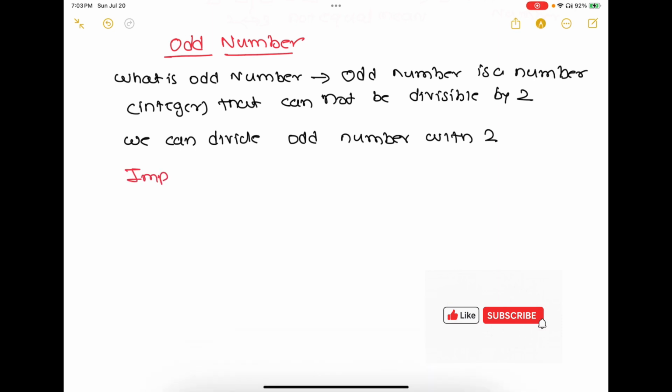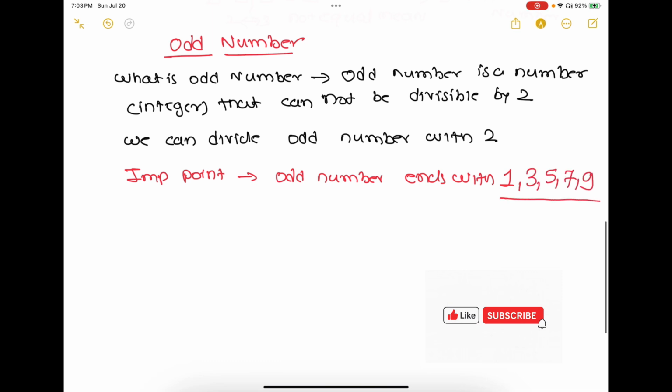Important point, odd number ends with 1, 3, 5, 7 and 9. These 5 numbers, always remember 1, 3, 5, 7, 9. Wherever you see these 5 numbers at unit place, that means it is odd number.